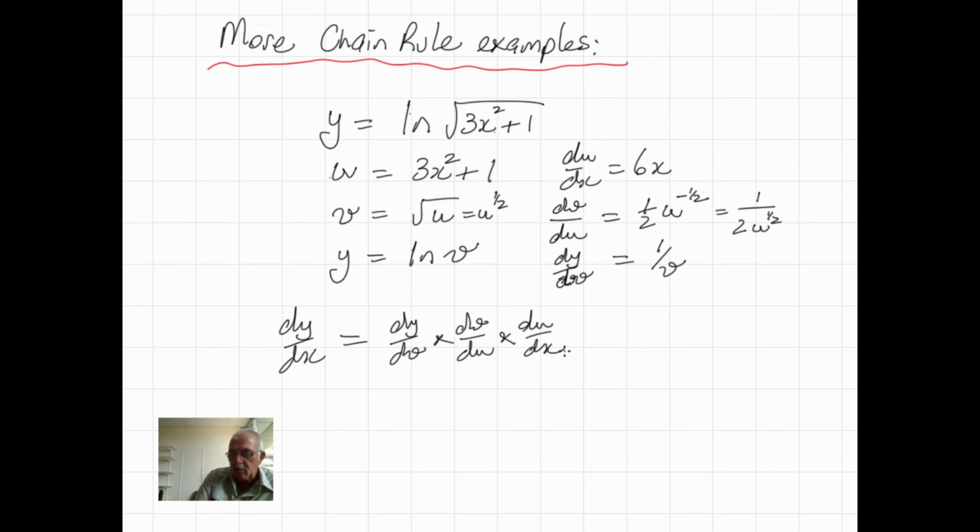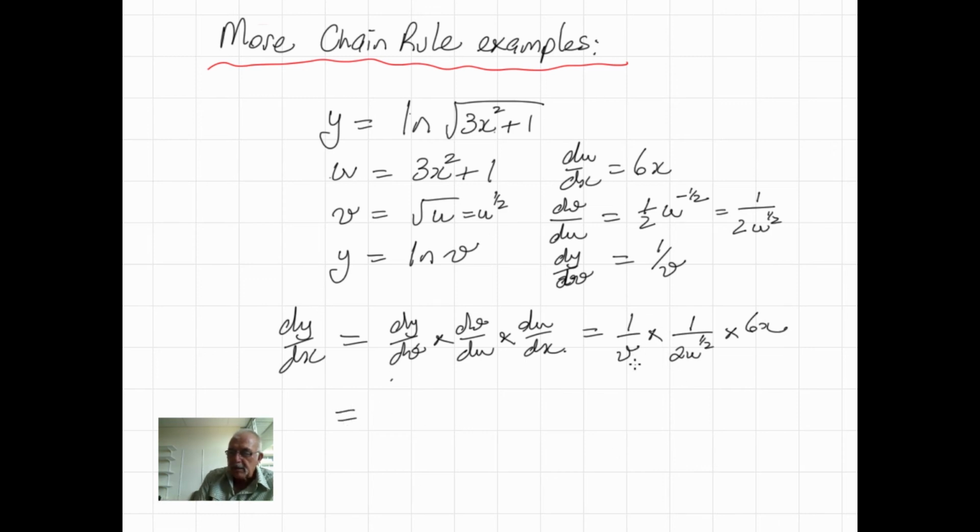Now I mentioned before, a way to check that you've done it correctly is if you cancel that dv, that'll be 1 and 1, that one with that one, you've got 1s there, and then you've got dy dx equals dy dx. So that's one way of checking anyway. All right, so dy dv is 1 on v times dv du is 1 over 2u to the half, and du dx is times 6x.